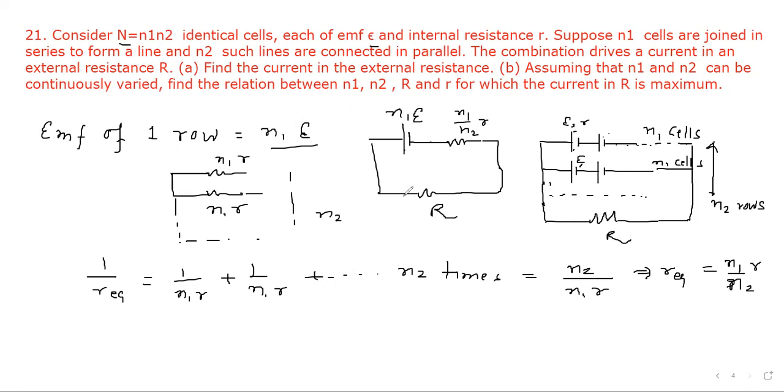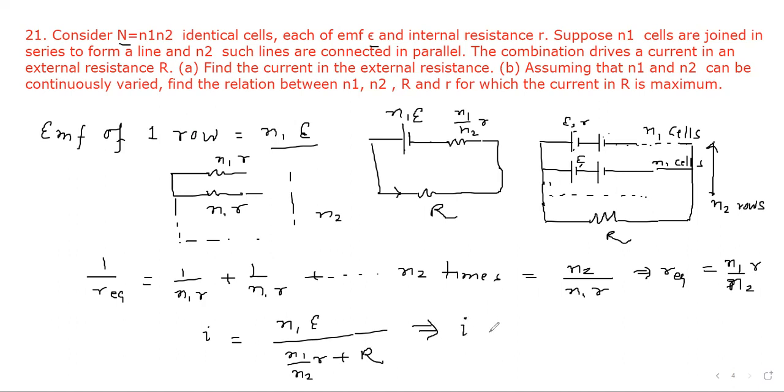Now we have to find out the current. So current I will be equal to EMF N1E divided by N1 upon N2 small r plus this resistance, which is in series with capital R. Now we simplify.